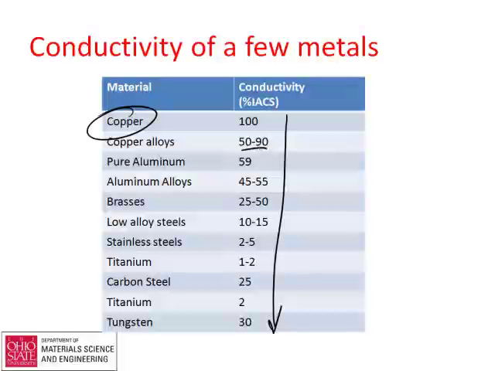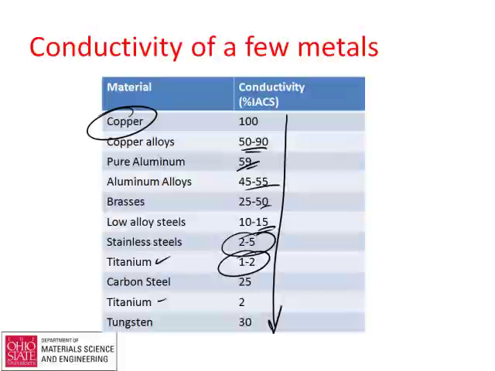If you make an alloy, you really reduce the conductivity. Pure copper is a better conductor than copper alloys. Copper alloys can be stronger. Pure aluminum is down here about 59. Aluminum alloys are usually between maybe 30 and 55 or so. Brasses, which are largely copper alloys, are fairly low. Steels can be quite a bit lower. Stainless steels can be much lower. Titanium is much lower. You see titanium is on the list twice.